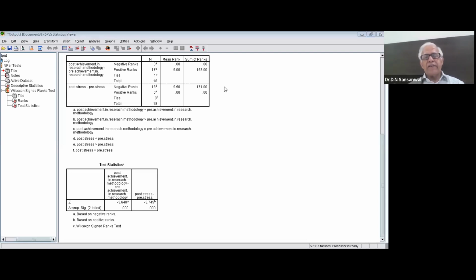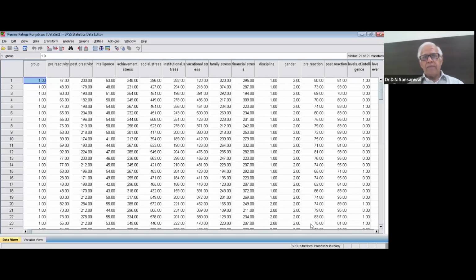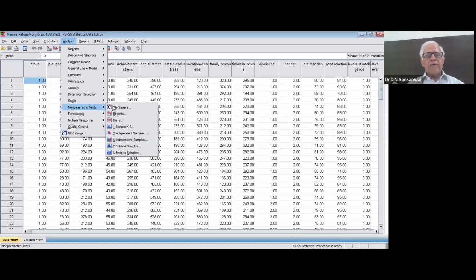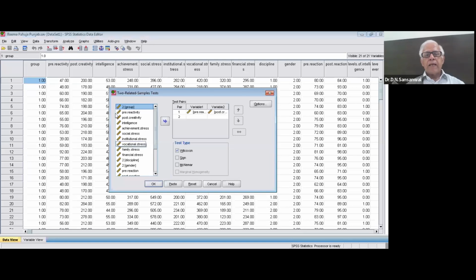I have another data. I will analyze that data also and show you, so that you have one more. Here was the experimental study, and you have the pre-creativity and post-creativity. So you go to Analyze, then Non-parametric, then Two Related Samples.